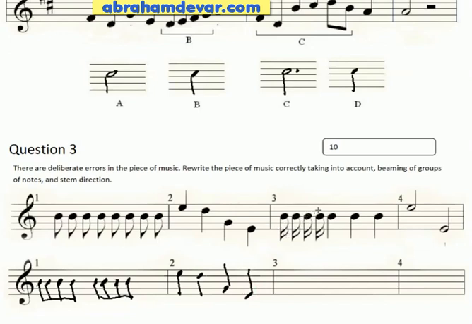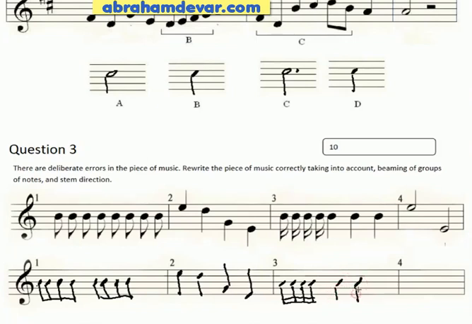Okay, let's look at these four 16th notes. They should actually be written like so, with the double beam. Here's for them. The stems all pointing down, and there's our double beam to make them semiquavers. 2 flags, 2 beams, and then the B's are fine.